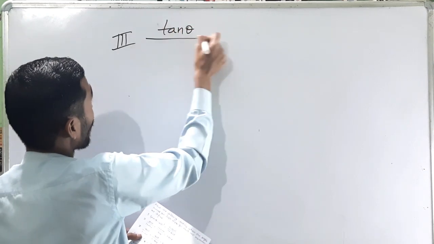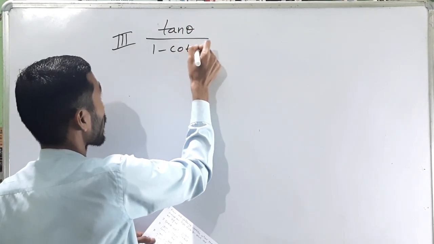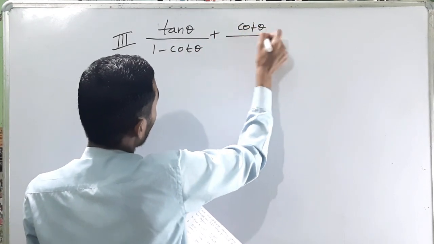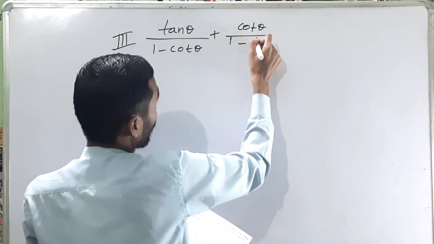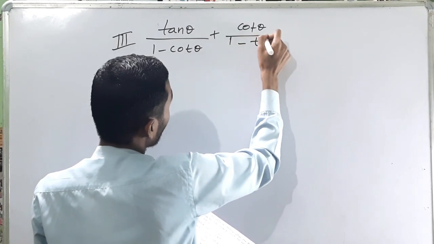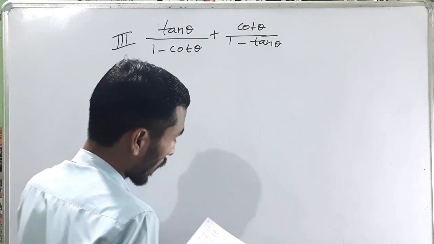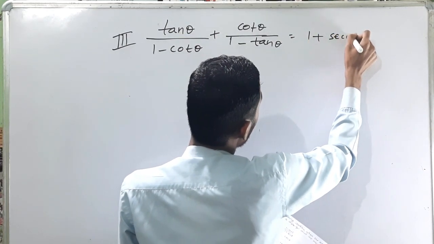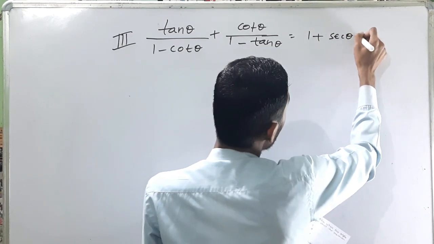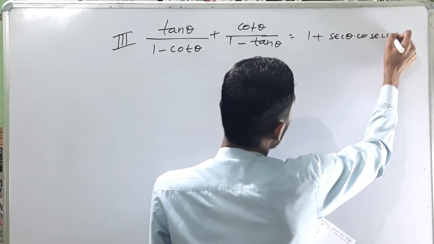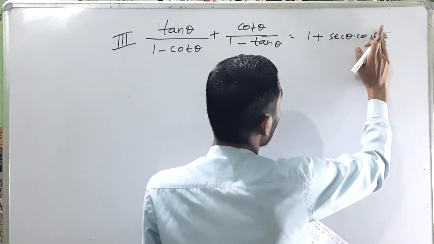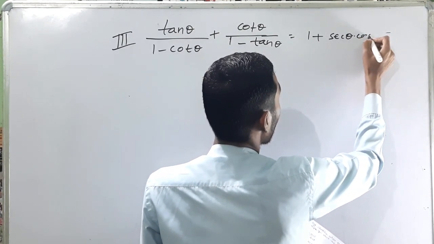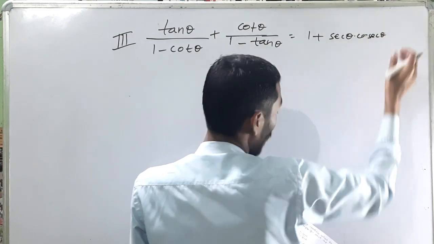Tan theta by 1 minus cot theta plus cot theta by 1 minus tan theta, equals 1 plus sec theta into cosec theta.